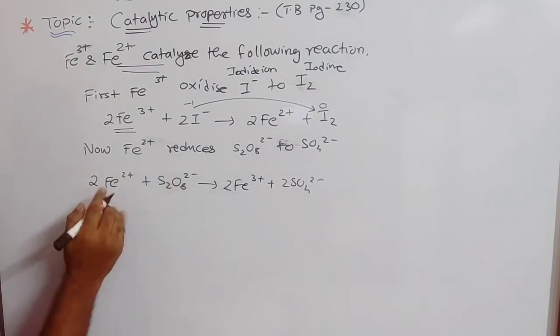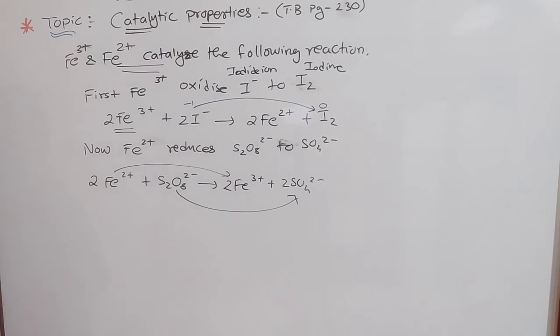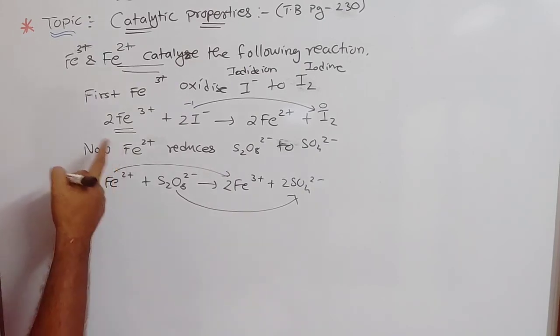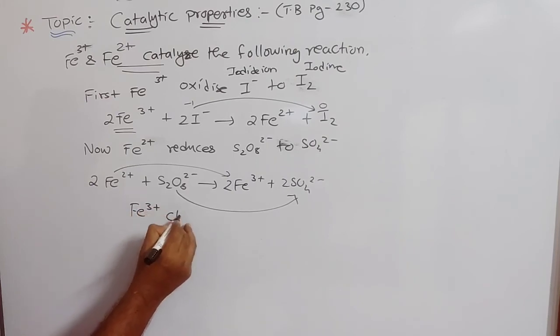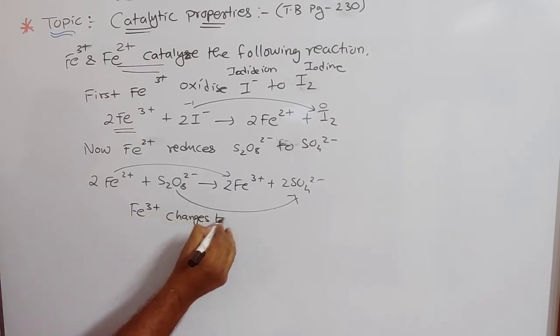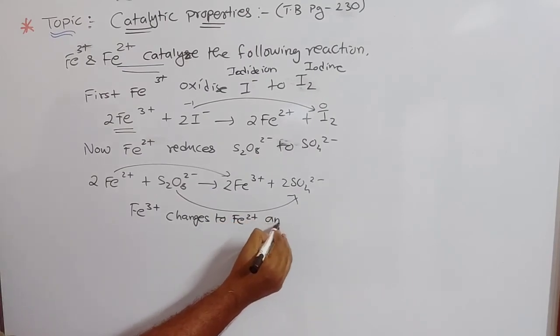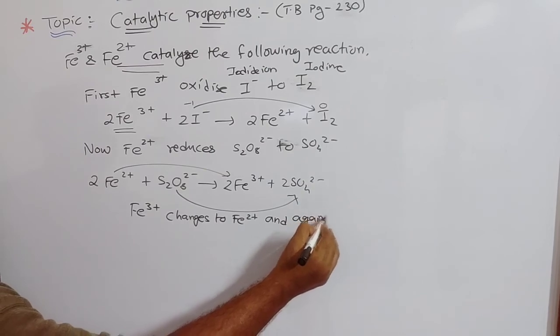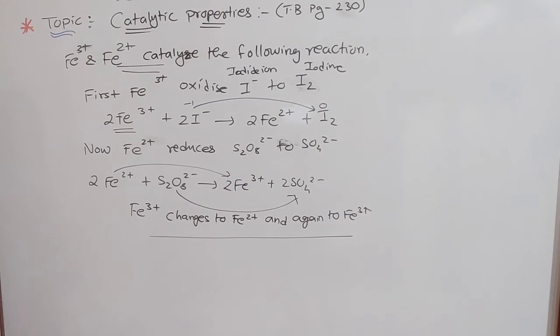Here Fe2+ itself gets oxidized. Thus Fe3+ changes to Fe2+ and again to Fe3+. In both reactions, Fe3+ changes to Fe2+ and again to Fe3+. So in this reaction we can see all these things.